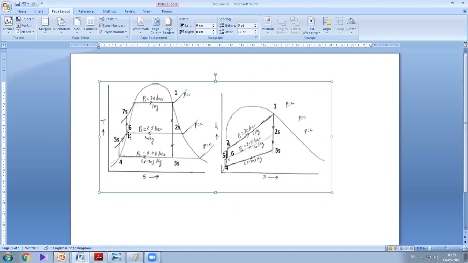So H6 is nothing but HF at the pressure line we are following here, 2.5 bar. Similarly, you note the value of V6. V6 is nothing but VF at 2.5 bar. You note these two values and substitute here. In the same manner as we calculate the H5 value, we calculate H7.